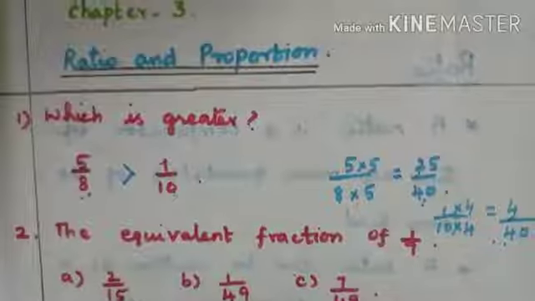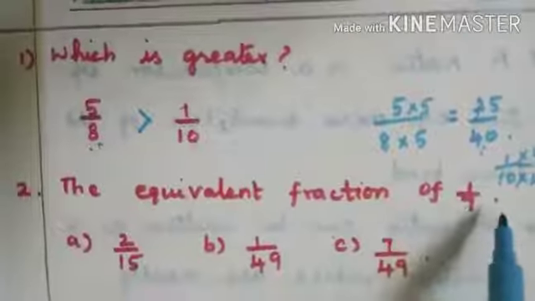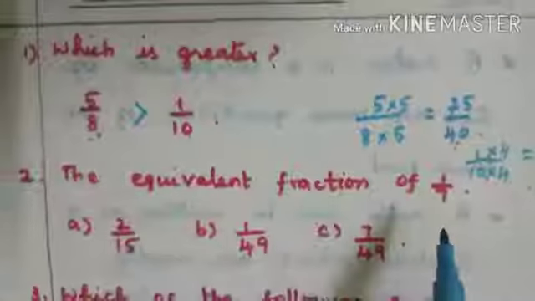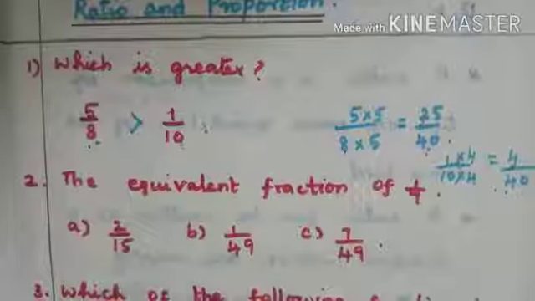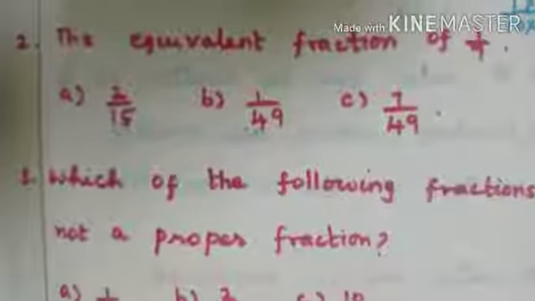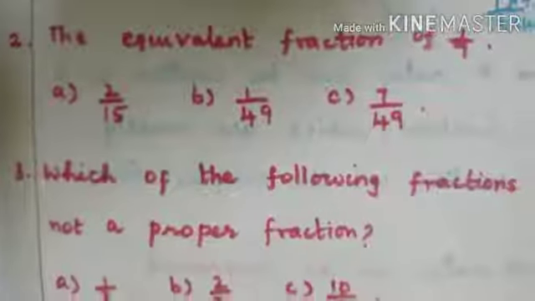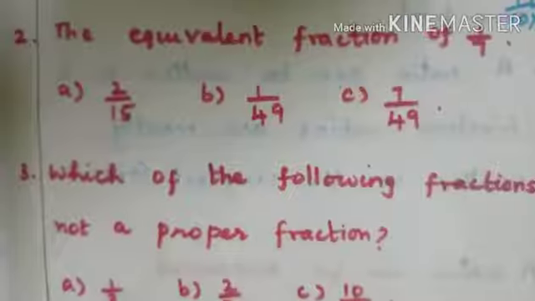The next question is the equivalent fraction of 1 by 7. What do you mean by equivalent fraction? The value of a fraction does not change when the numerator and denominator are multiplied or divided by the same number.